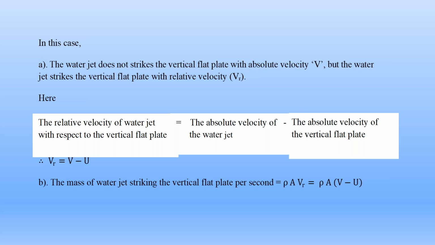So the mass of water jet striking the vertical flat plate per second is rho A VR, that is equal to rho A into (V minus U).